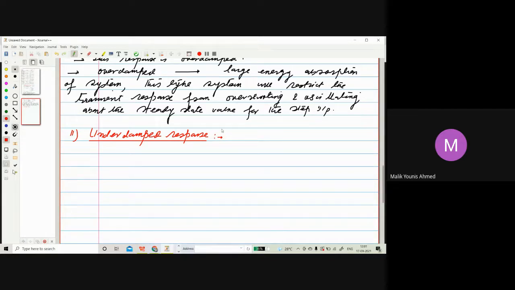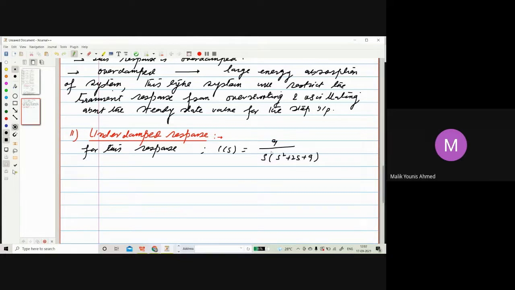Now you can see the underdamped response. For this response, C of S we have got is 9 over S square plus 2S plus 9.